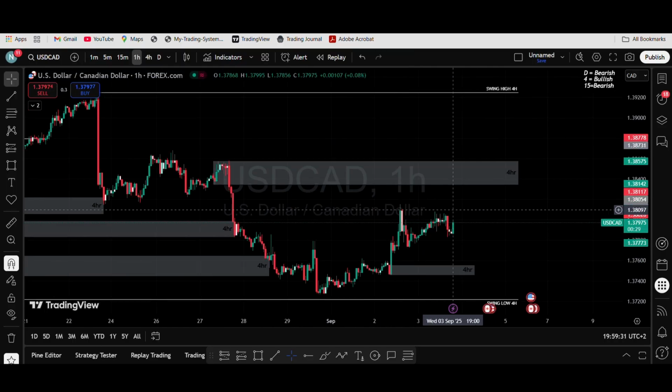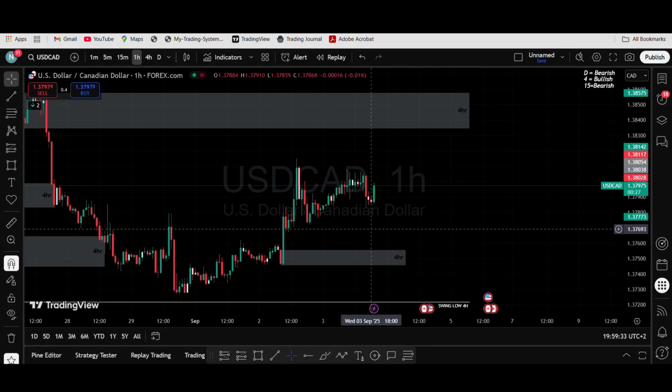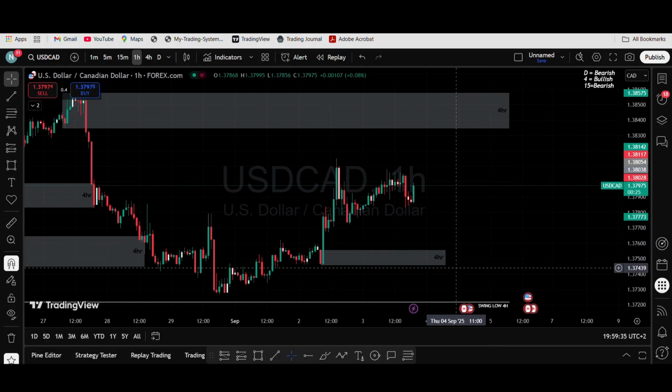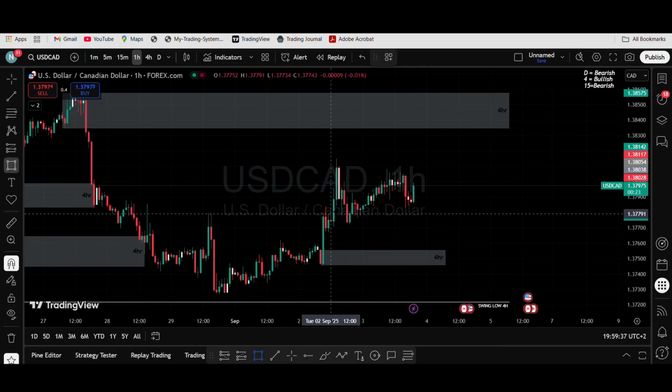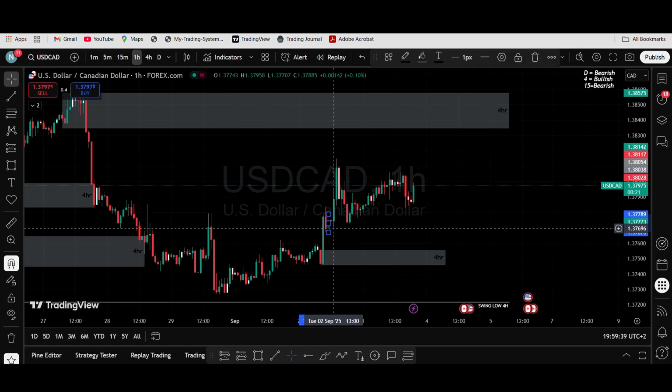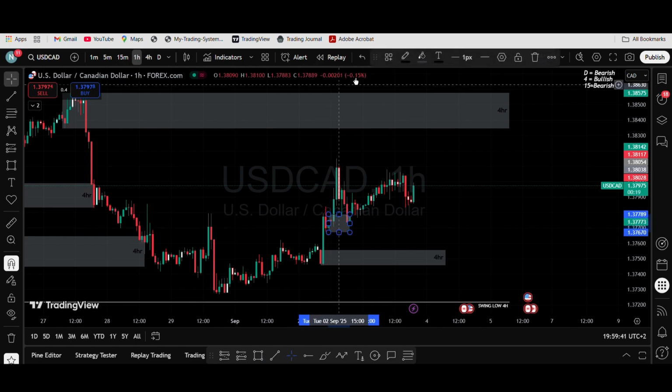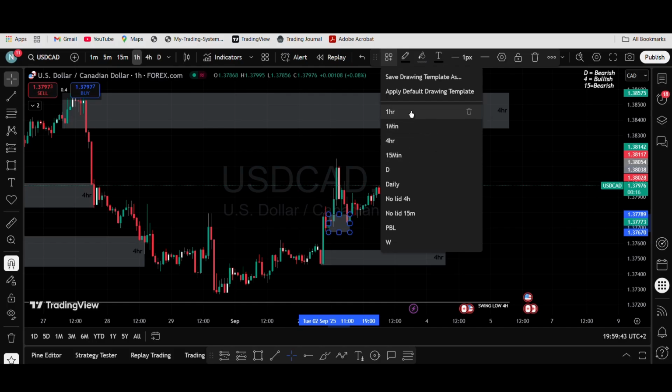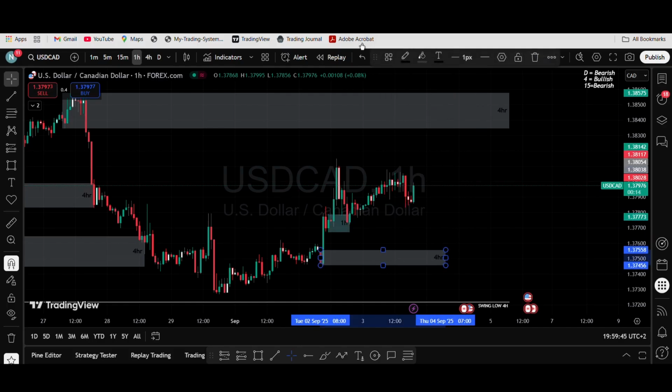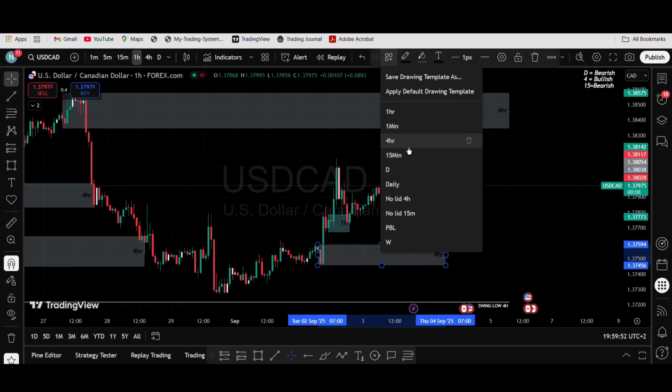Way better on the 1 hour. Again, you would have had this as a pullback, tested there on the 1 hour, pivot again on the 1 hour here.